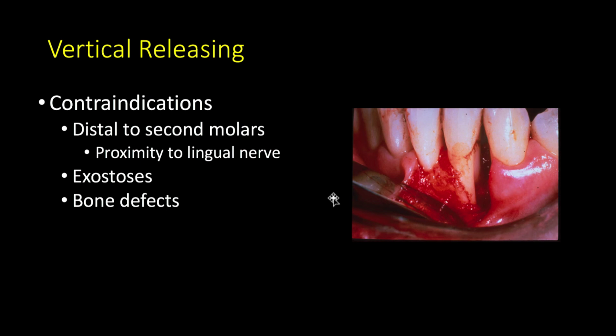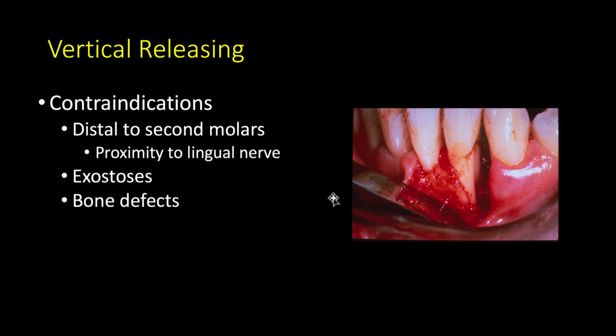You can see that it's possible that in a quarter of your patients, if you place a vertical releasing incision in this area distal to the second molars, you could induce a paresthesia. Typically, the lingual nerve is lying about 3 millimeters lateral to the lingual plate and about 2 millimeters apical to the lingual crest.